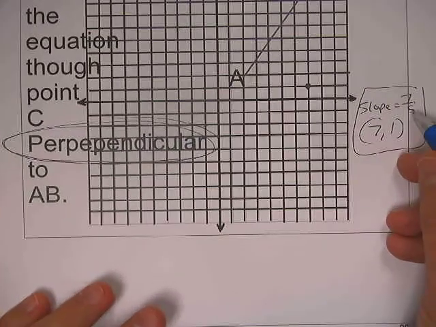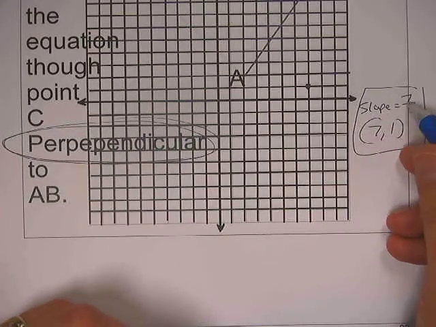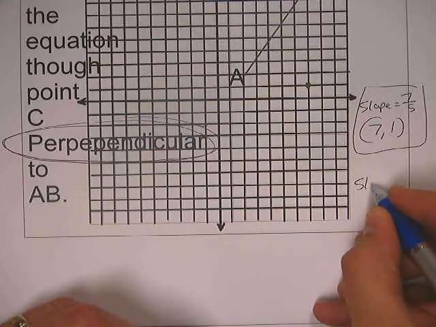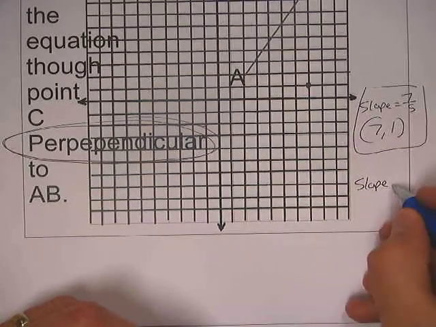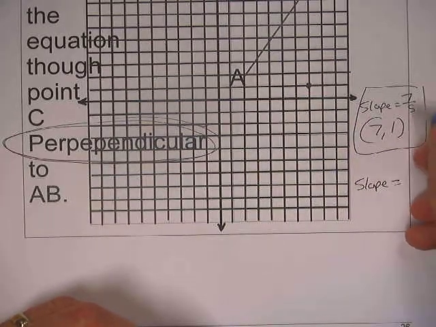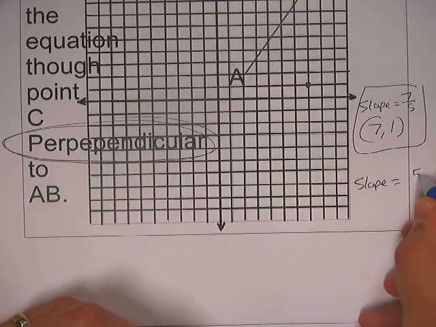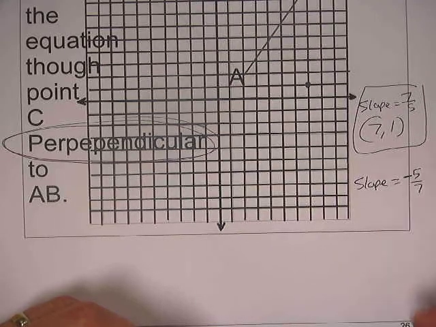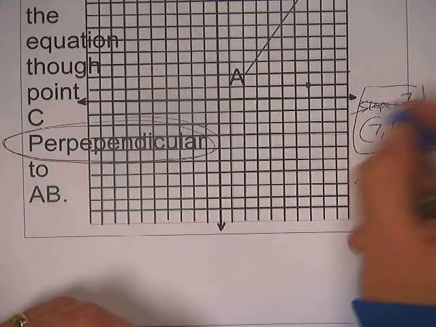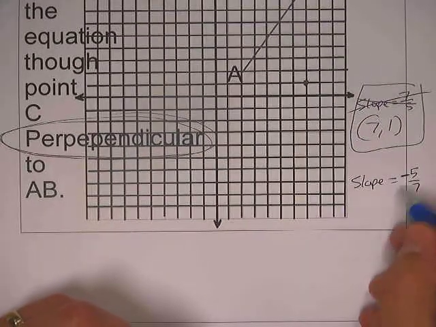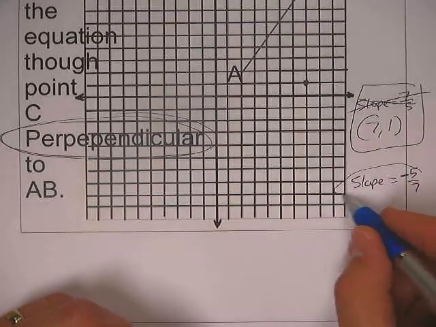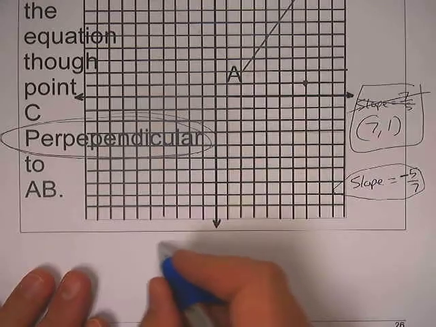To be perpendicular, I can't use the same slope. I got to use the opposite reciprocal of this slope. It means the slope I'm going to use is going to be, I'm going to take the reciprocal, which is flip these two, so I get 5 over 7, and I'm going to make it negative. Okay, so I'm going to cross this out because I'm no longer going to use this. This is the slope I'm going to use now.